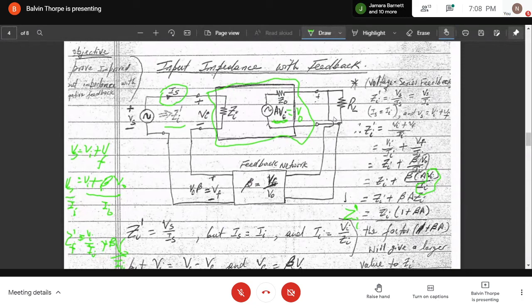So we see that the overall input impedance for a network with feedback is going to be ZI, the original input impedance of the amplifier, multiplied by a factor of 1 plus beta A. The input impedance for a network with feedback is going to increase, which is one of the things that we had alluded to, that the overall input impedance is going to become higher. So that's what we have proven right here.